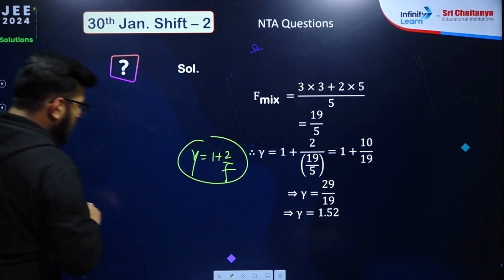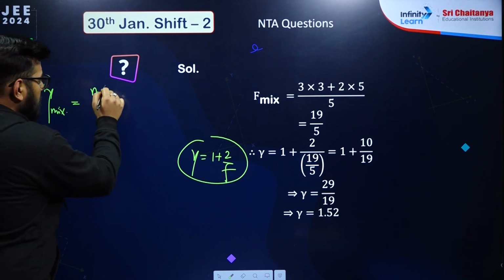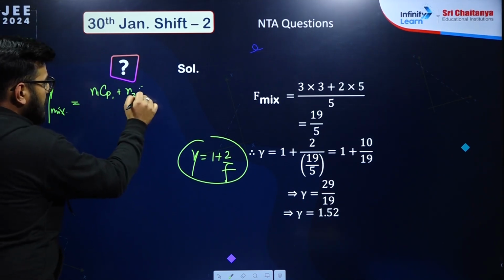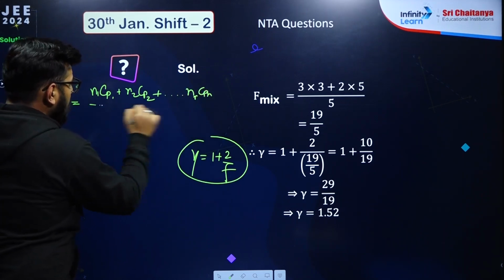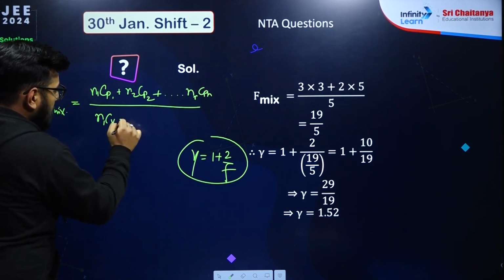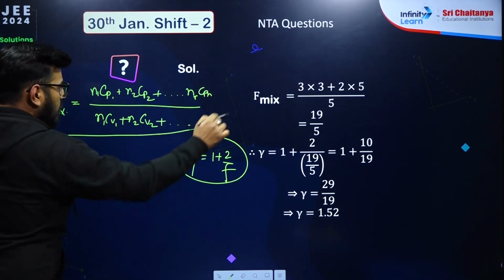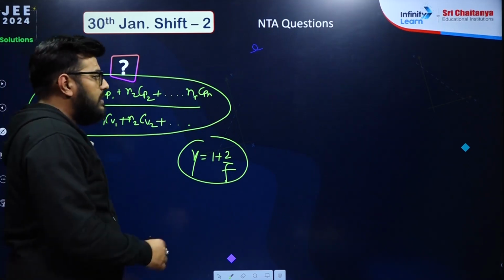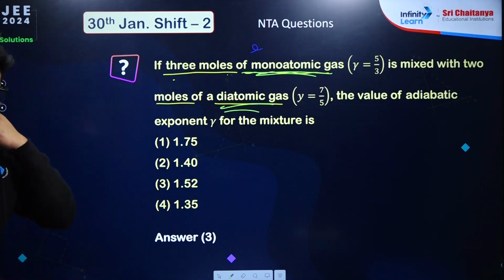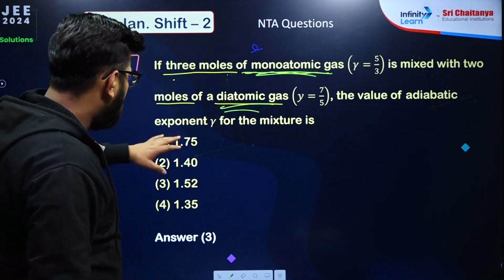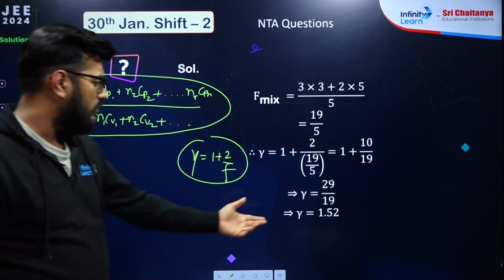Another approach is that gamma of the mixture can be calculated as (N1 Cp1 plus N2 Cp2 and so on for n gases) whole divided by (N1 Cv1 plus N2 Cv2, and this carries on). So this is one more method, using Cp and Cv for monatomic and diatomic gas. The values of gamma are already given.